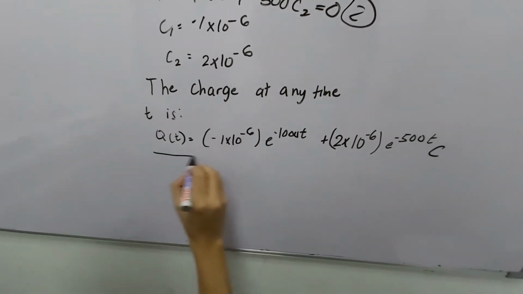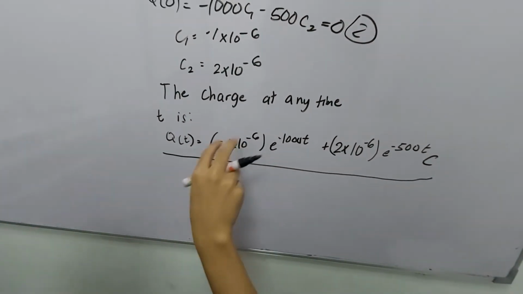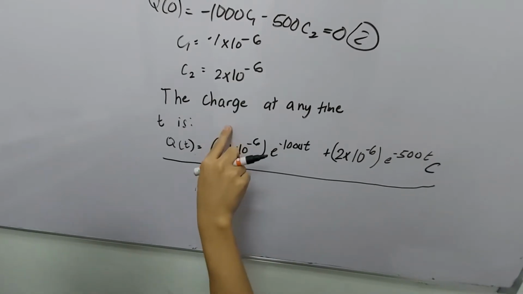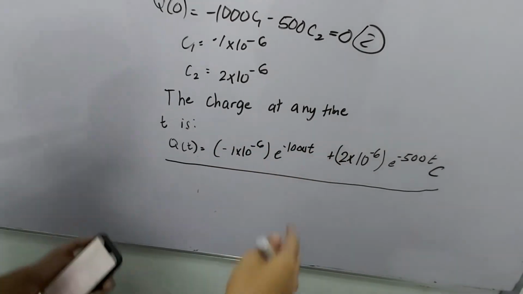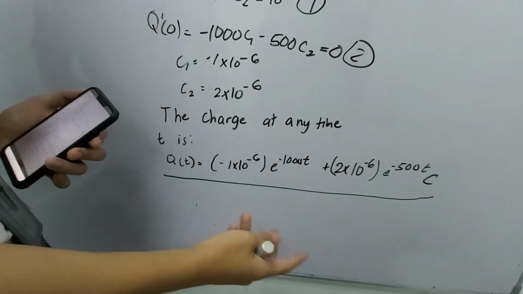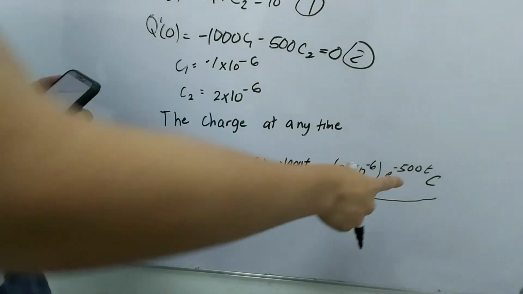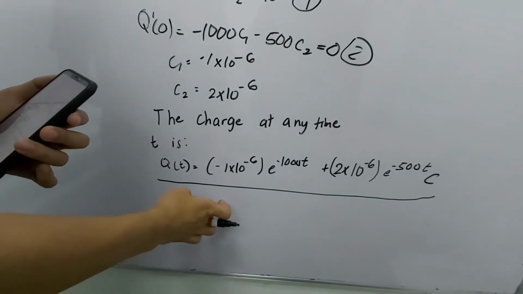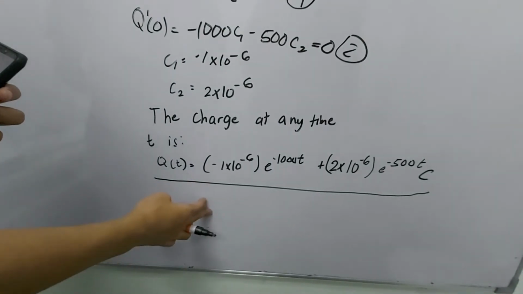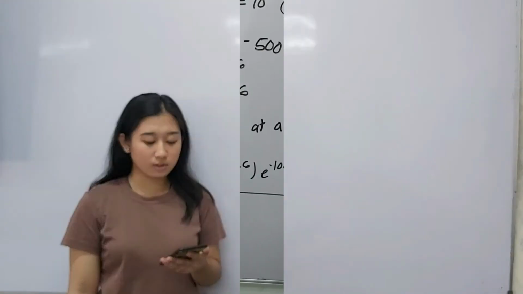So this is our final answer for the charge at any time t. From there we can substitute any time in seconds here and here, so we can figure out the value of the charge across the capacitor.